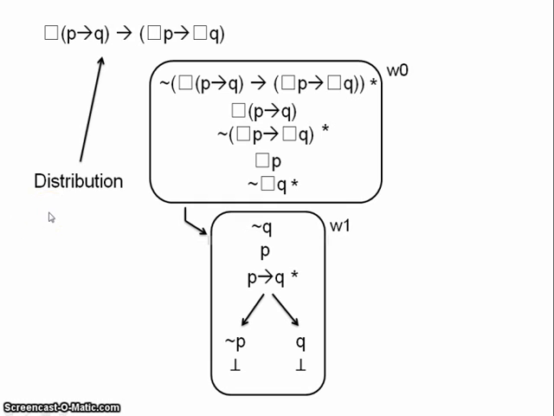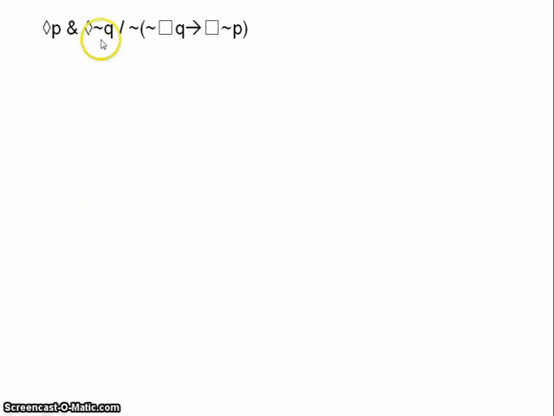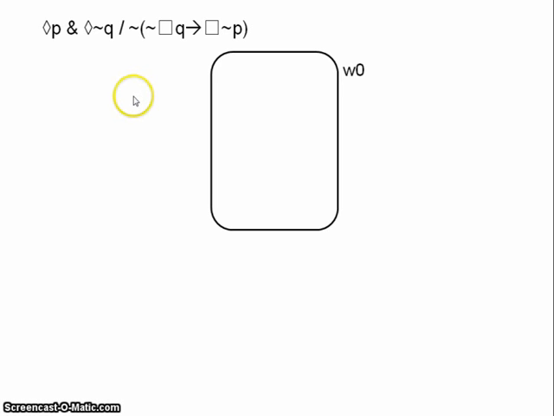Okay, I want to look at another example which should illustrate some important things to bear in mind when constructing trees of this sort. So this is our argument: possibly P and possibly not Q, therefore not, if not necessarily Q, then necessarily not P. Right, so first of all we'll draw our world, and then we'll add our premise and the negation of the conclusion.